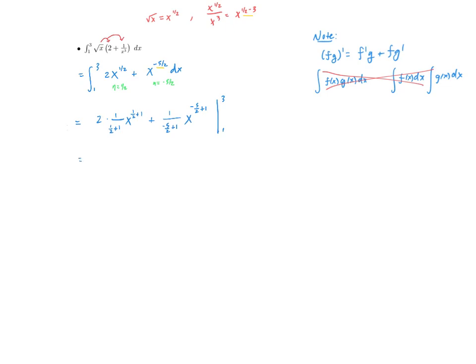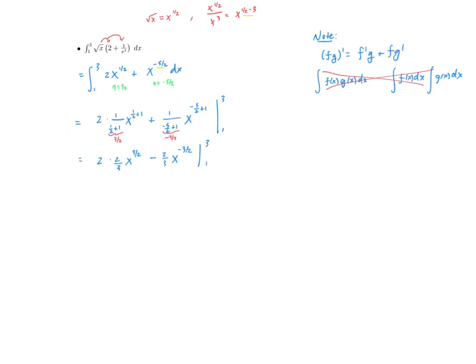So doing a little bit of simplification, we would have 2 times 1 over 3/2, which would be 2/3, x to the 3/2, plus 1 over minus 3/2, x to the minus 3/2. So dividing by 3/2 is multiplying by 2/3. So this becomes minus 2/3 x to the minus 3/2.